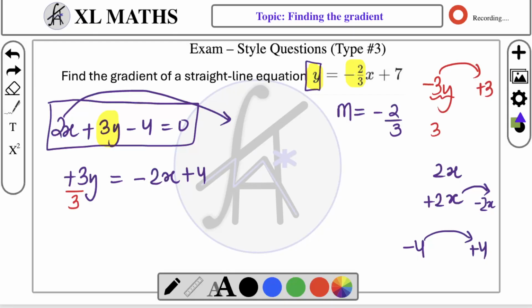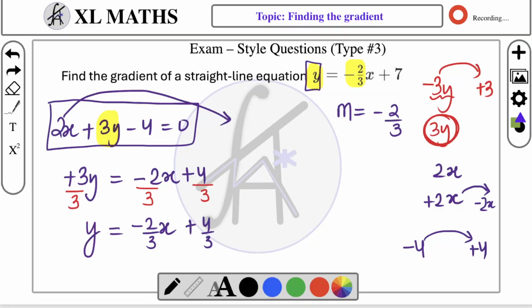When it is written 3y, it is 3 times y, isn't it? So we divide both sides, every term, by 3. 3y divided by 3 gives us just y alone. Y is happy, free. And on this side we get minus 2/3 of x plus 4/3.